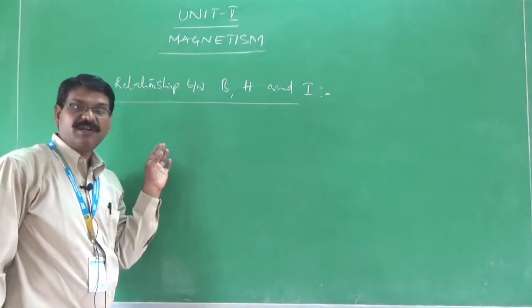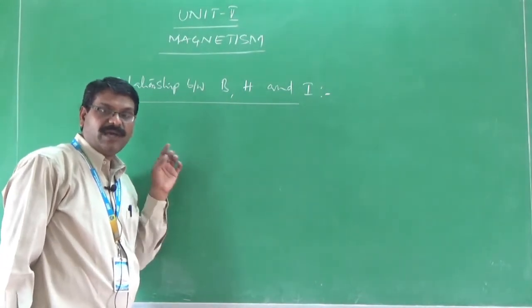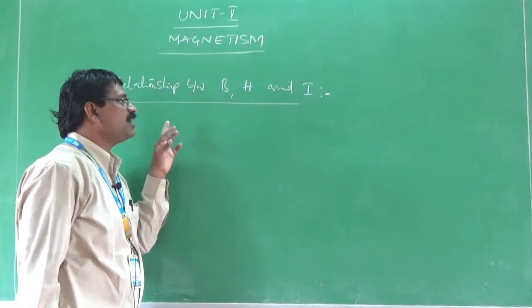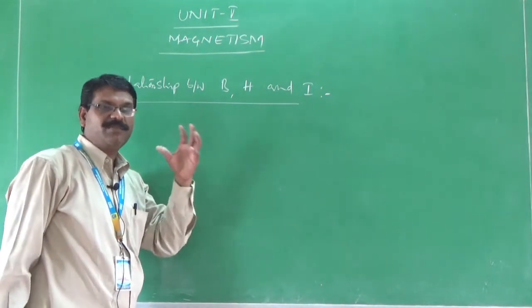The total magnetic dipole moment per unit volume inside a solid is called the magnetization of the material. So, how do we represent that?